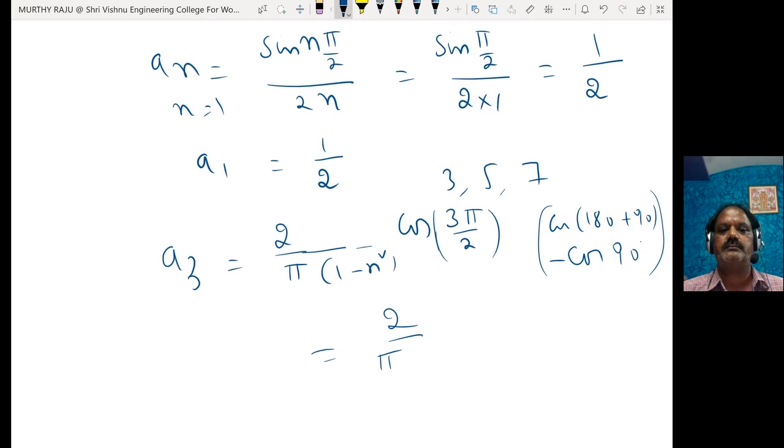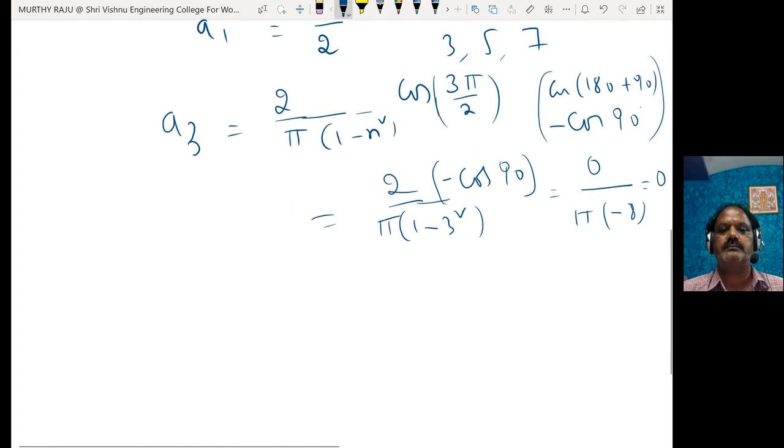So 2 by pi into 1 minus 3 square, cos 90 is 0. Zero by pi into 1 minus 9, which is minus 8. That is 0. For odd values except 1, for n is equal to 3, 5, 7 and so on up to infinity, the an value is 0.